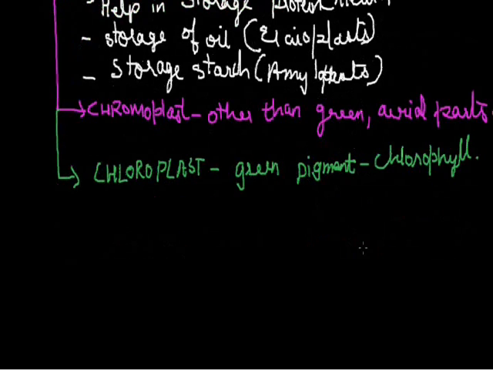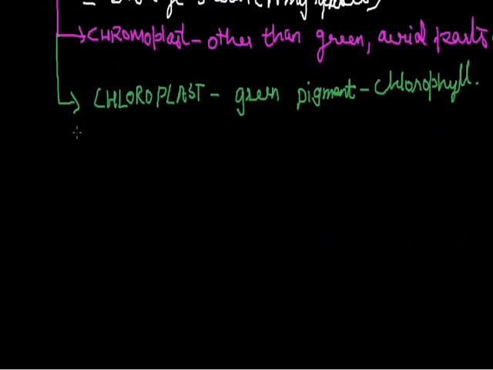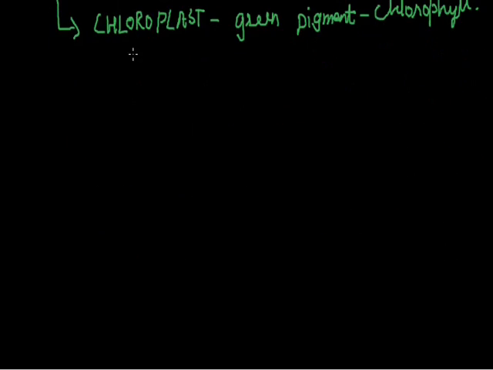Chloroplast is a place where photosynthesis takes place, and so we should know a little more about this because we are talking about photosynthesis. So chloroplast was discovered by Schimper.